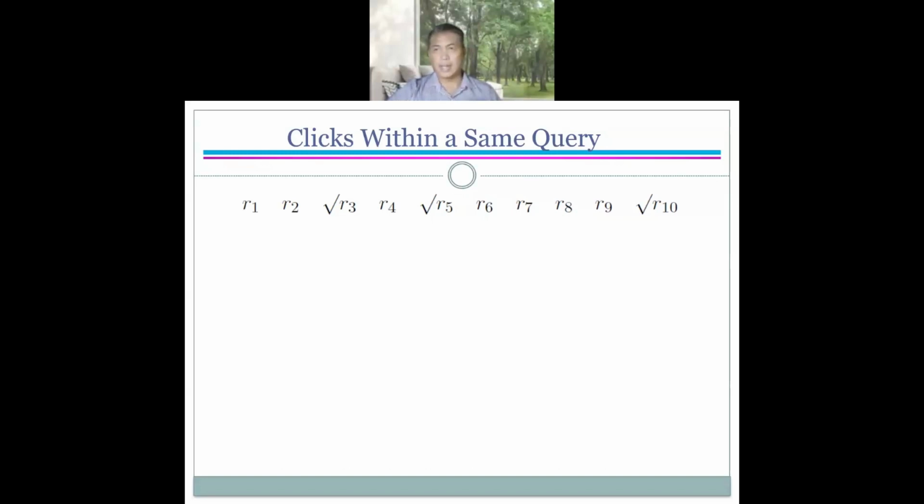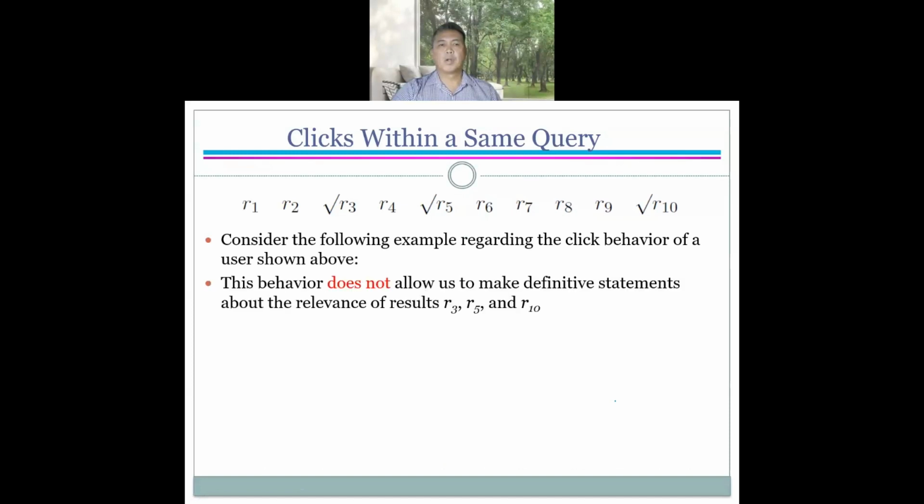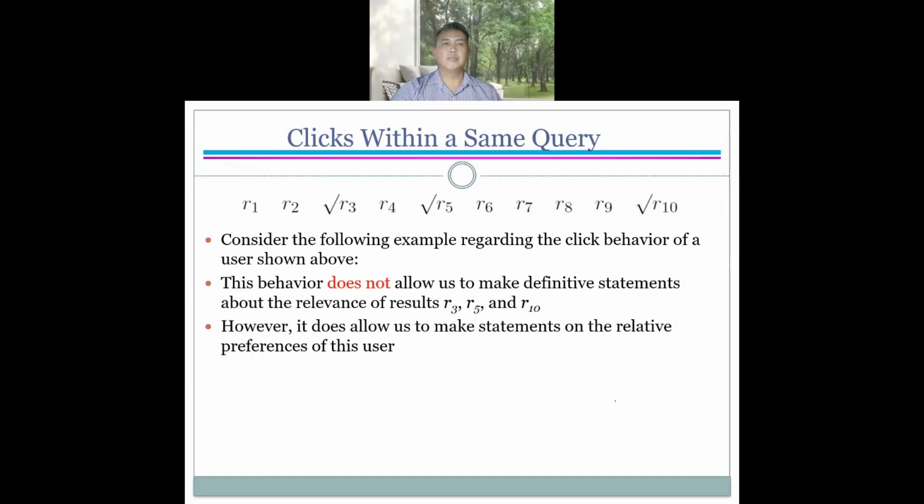Okay, the answer is no. We cannot make that assumption, but we do have this assumption that we can apply. We are saying that R3 is more important compared to R1 and R2.